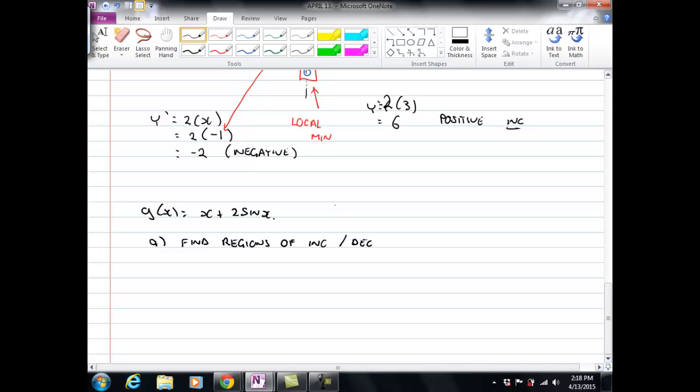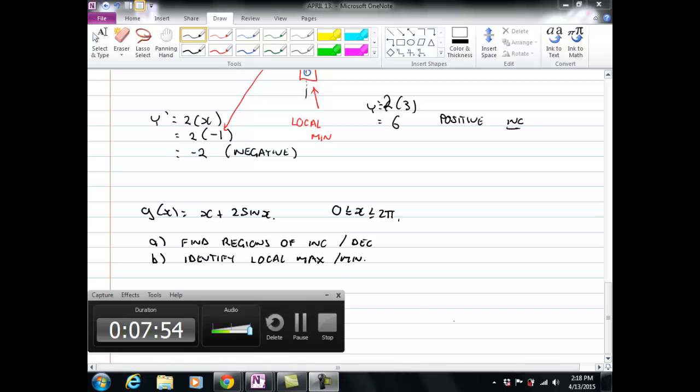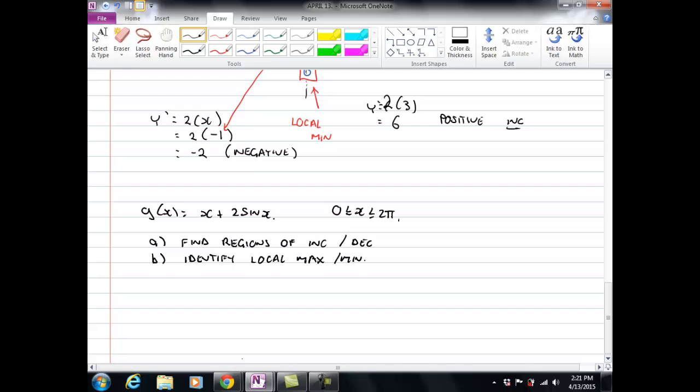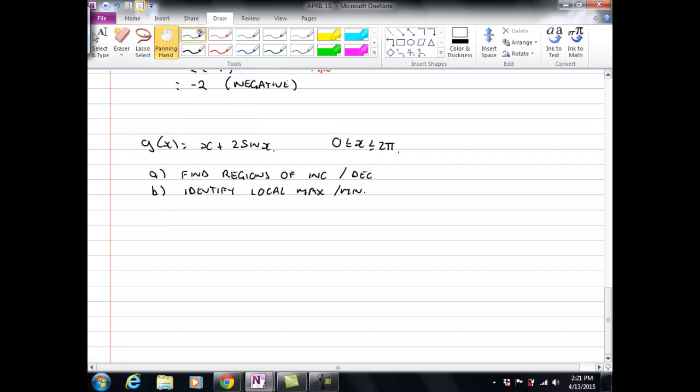To help you out, this will be from 0 ≤ x ≤ 2 pi. B, identify local max/min. That's all I'm going to give you to do. I'm going to give you about 10 minutes to try on your own. I'm going to walk around. I'm going to help you out. Have fun. The key is getting the derivative.